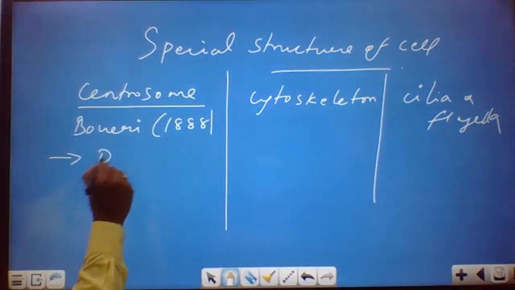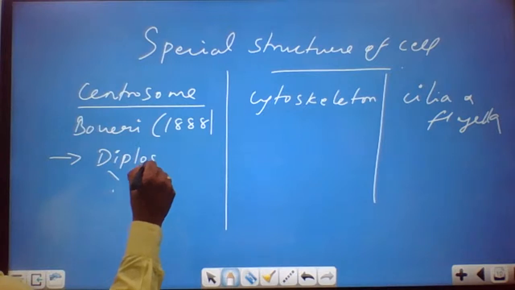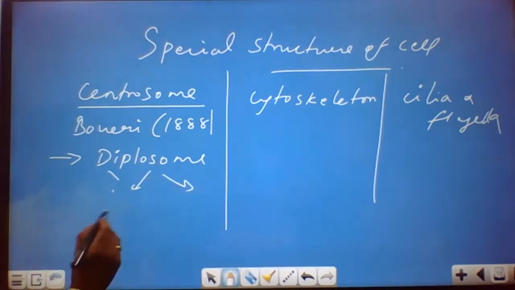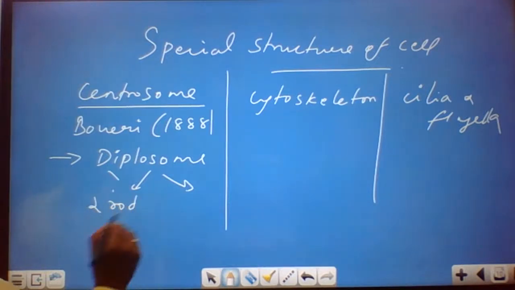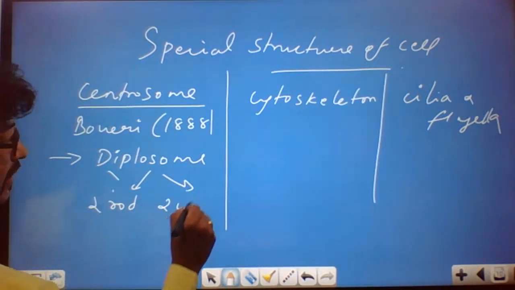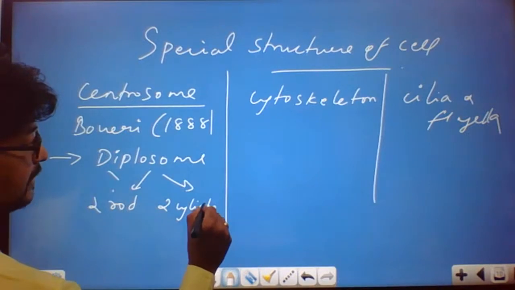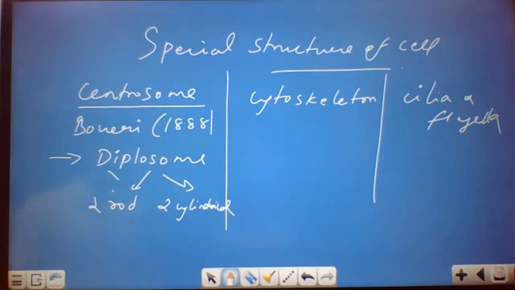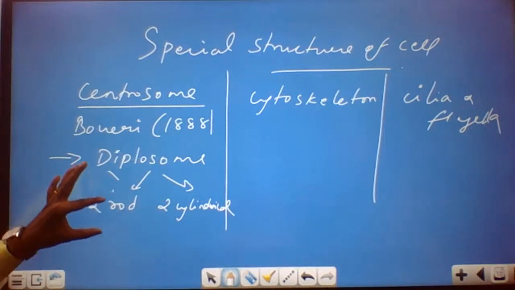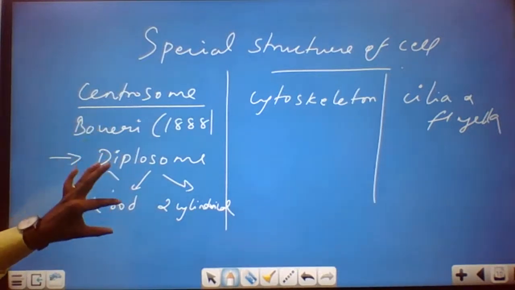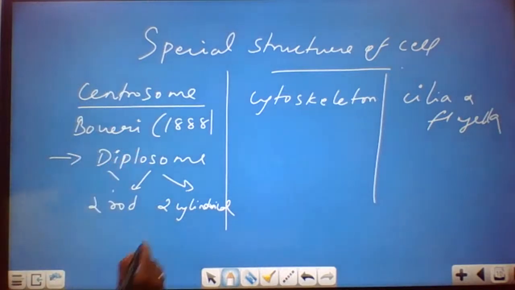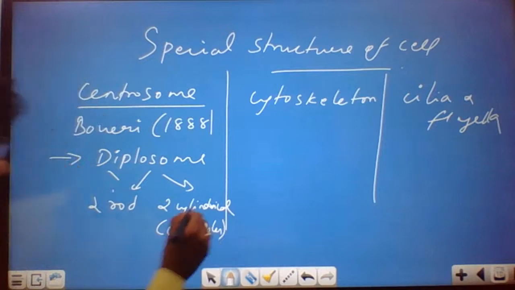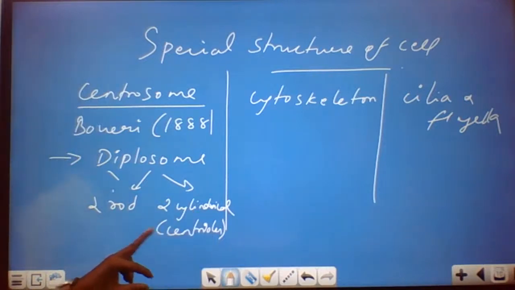Centrosome consists of a structure called diplosome. The diplosome consists of two rod-shaped structures and two cylindrical structures. This two cylindrical part we call centrioles.